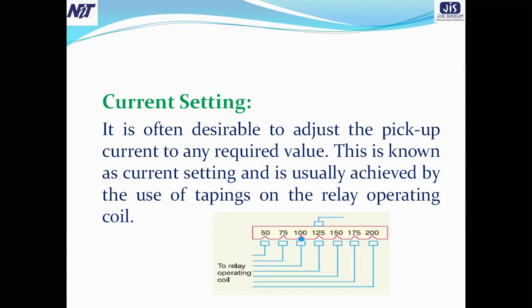So this changes the torque on the disc and hence the time of operation of the relay. Now the values assigned to each tap are expressed in terms of percentage full load rating of the CT with which the relay is associated, and represent the value above which the disc commences to rotate and finally closes the trip coil. In this way, we set the current setting.